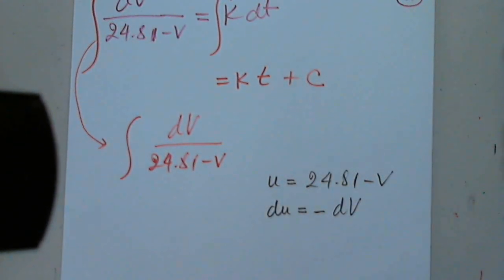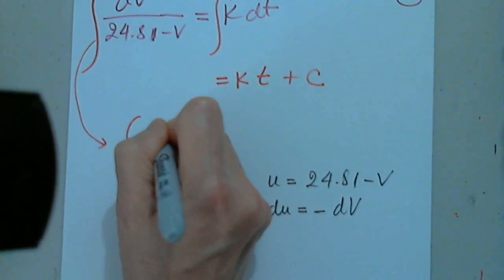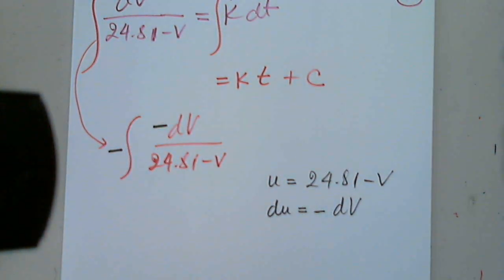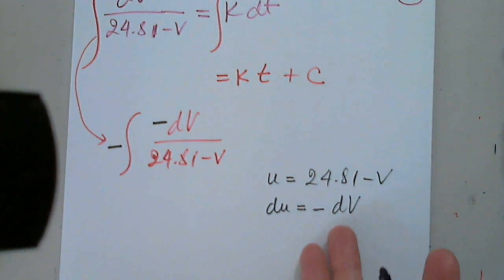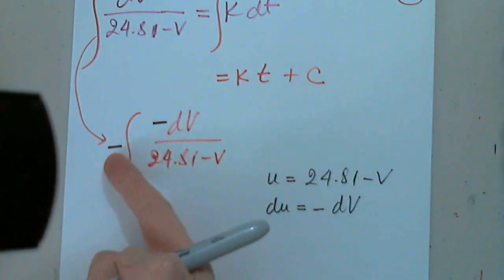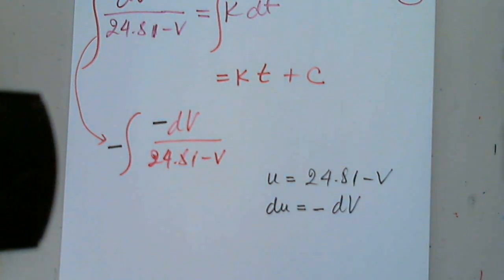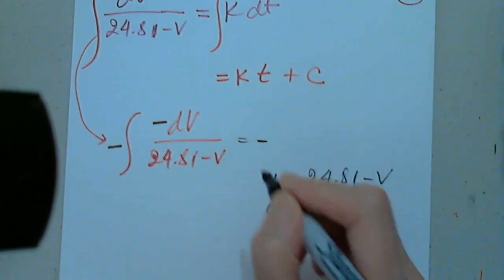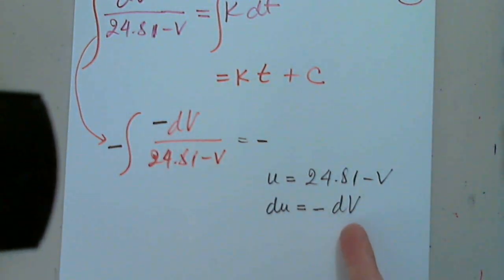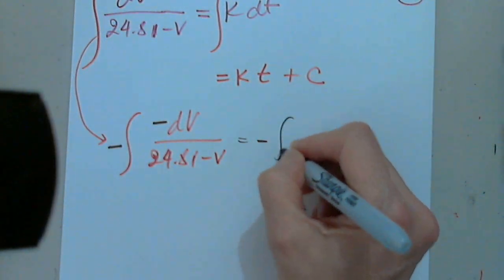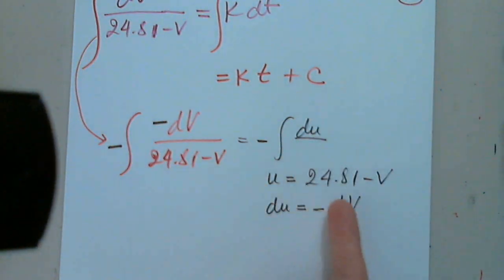Very good. You know me, if it's just a number or a symbol, I can always make it up. I multiply twice by -1, there is no change. So then this is negative. The negative dv changes into du. And of course, the denominator changes into u.